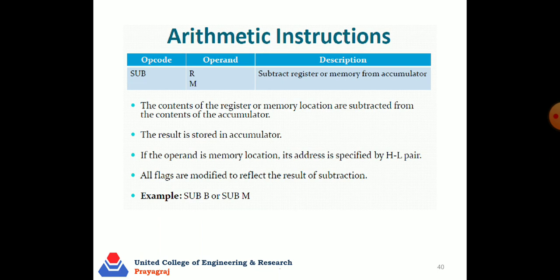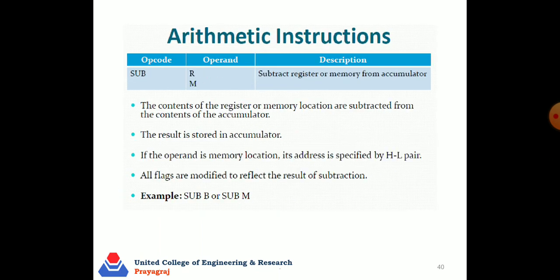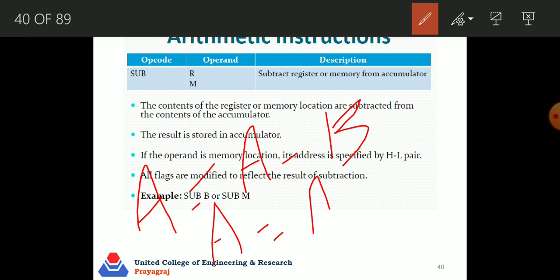So it is similar to ADD. As we write the example SUB B, the meaning of SUB B is A is equal to A minus B. SUB M means A is equal to A minus M.